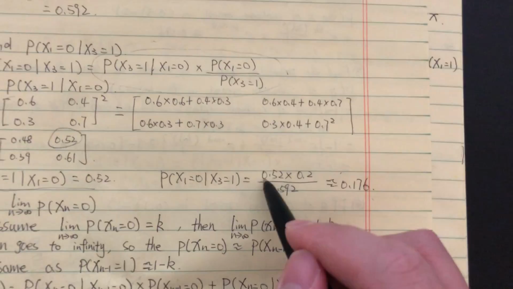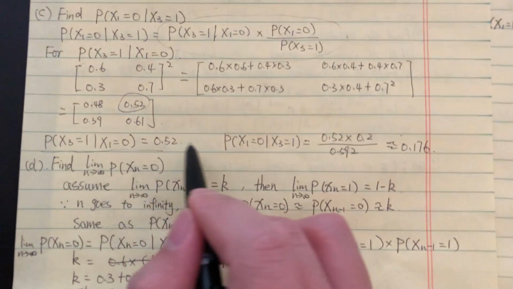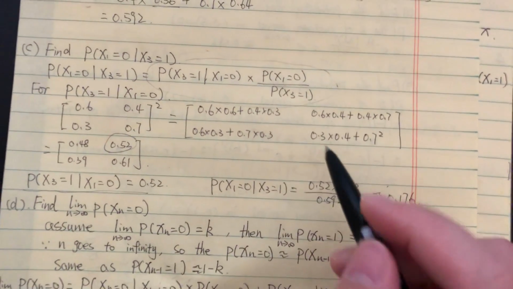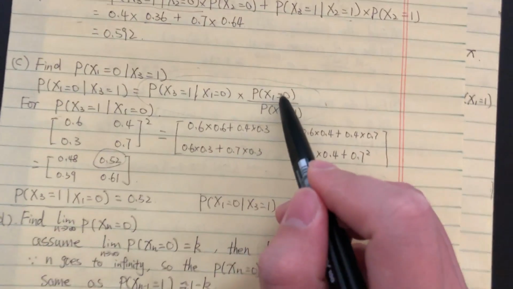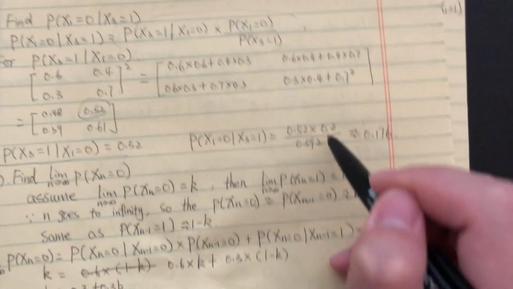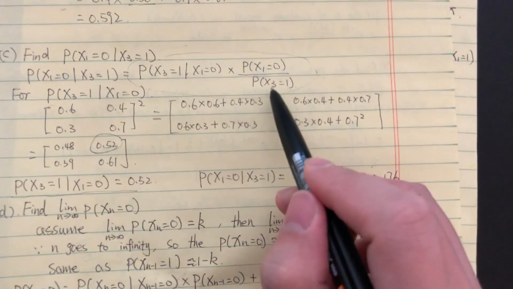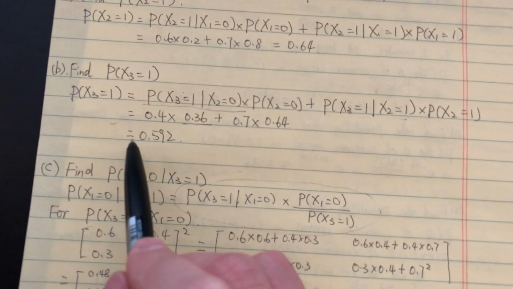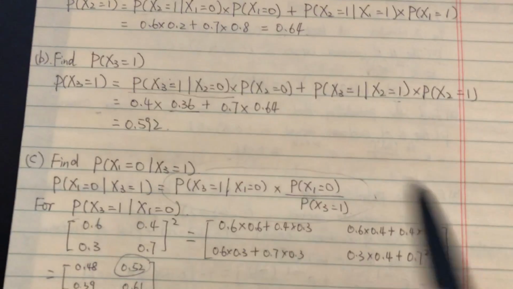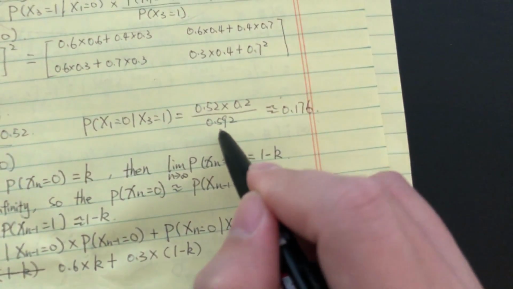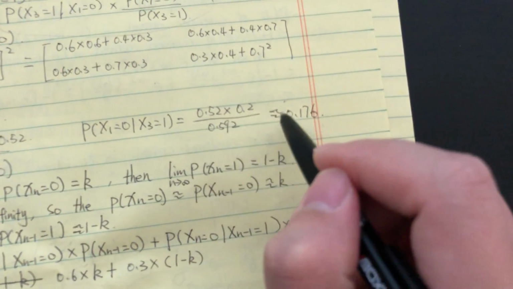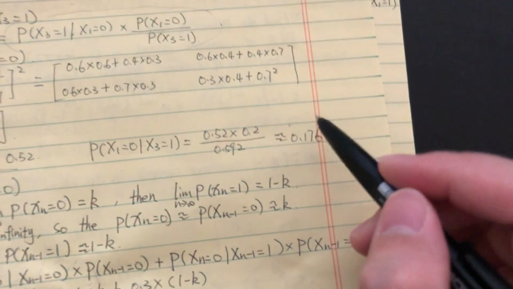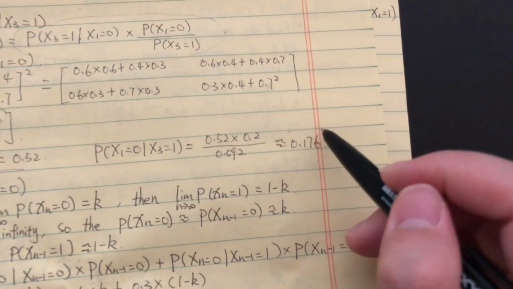It is 0.52, which is this one. The probability of x1 equals 0 is 0.2, and the probability of x3 equal to 1 is from subproblem B, 0.592. So what we write here is this, and we get roughly 0.176.